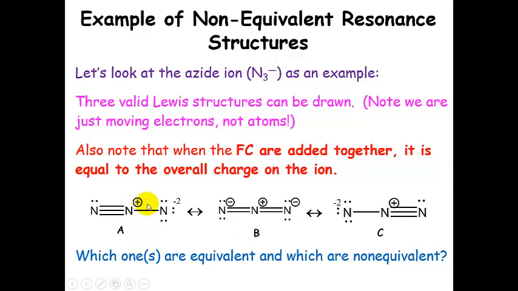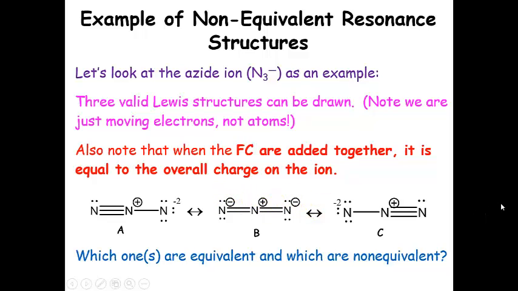Okay, so here's one. All right, so we have a triple bonded nitrogen with a lone pair on one nitrogen, and a single bond with 3 lone pairs. Okay, you can see the formal charge. That's another thing you should make sure you can do: calculate formal charge for each one of those nitrogen atoms. Okay, the middle structure, structure B, has 2 double bonded nitrogens, each of them with a -1 formal charge on these outer nitrogens.